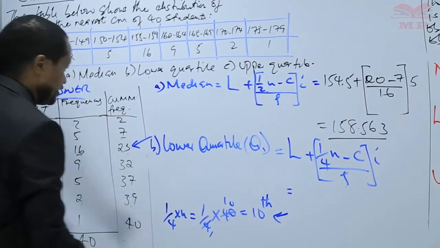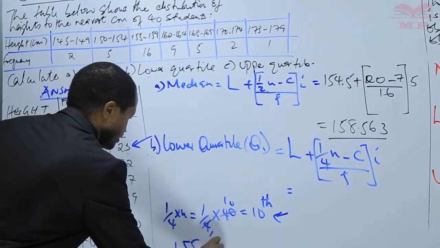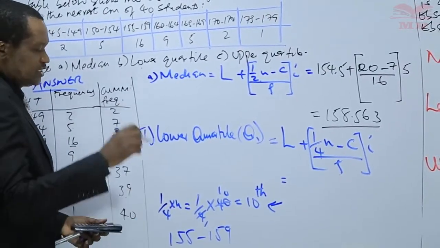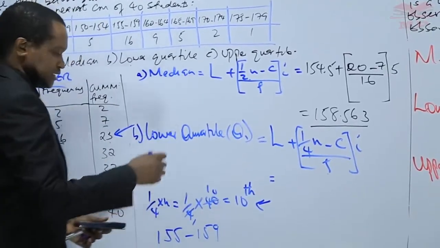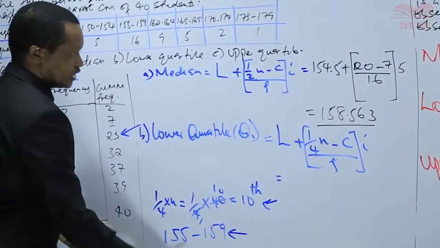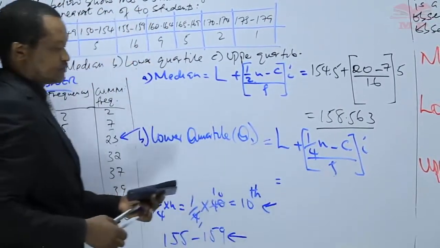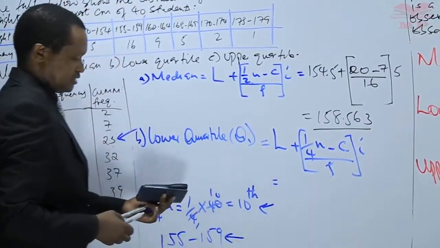So the first quartile class, the lower quartile class, is 155 to 159. This will now help us calculate the cumulative frequency and also the lower class boundary.